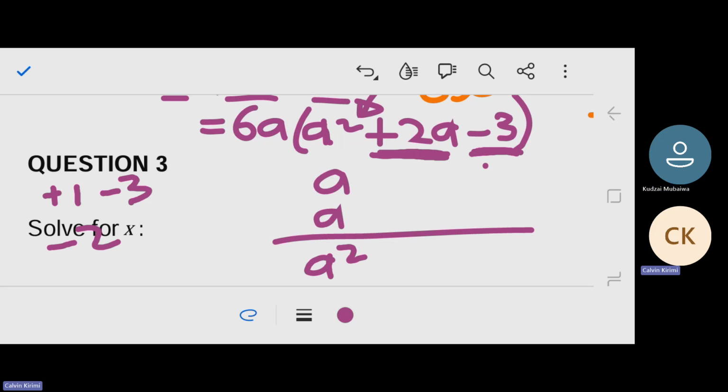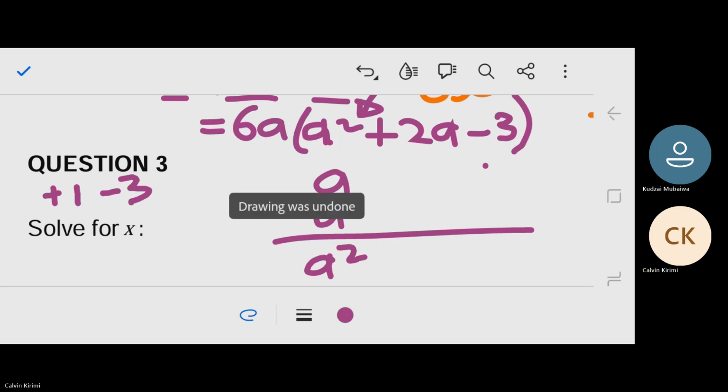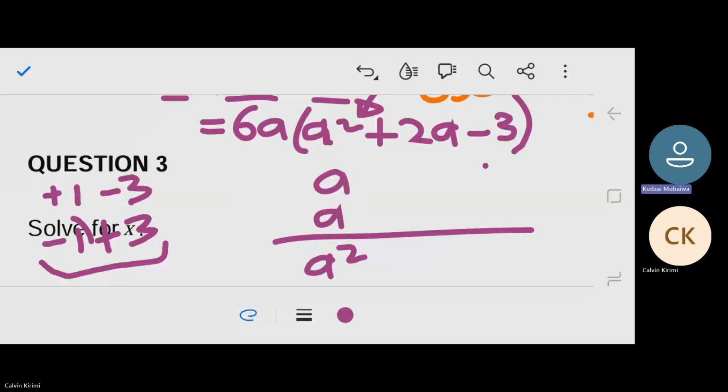For A squared, it's obviously A times A. But for the numbers, it can be +1 and -3, or it can be -1 and +3.